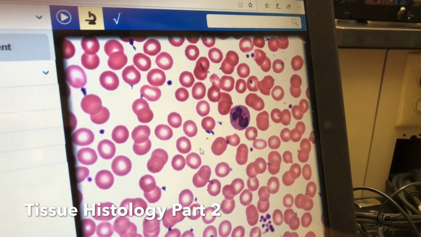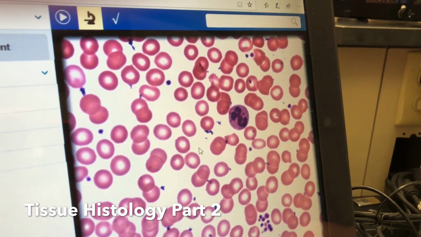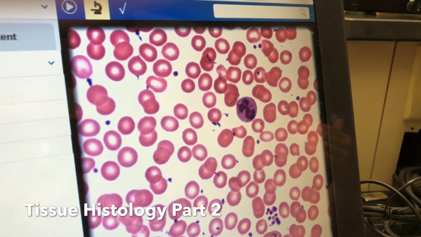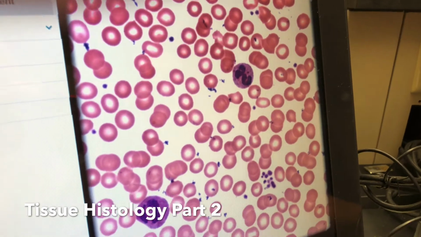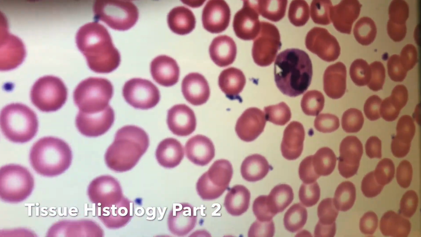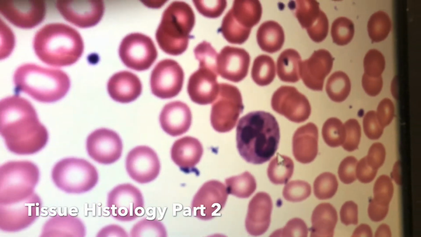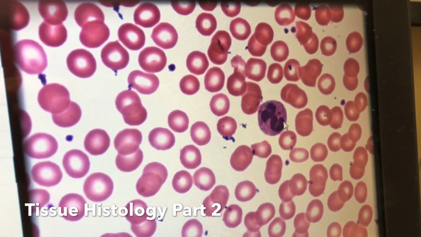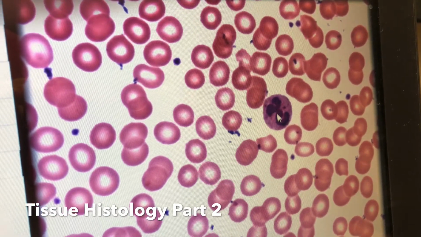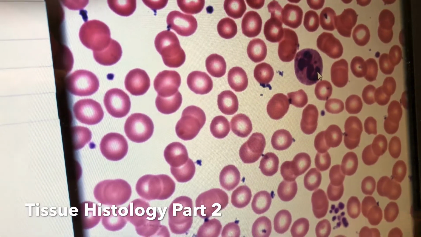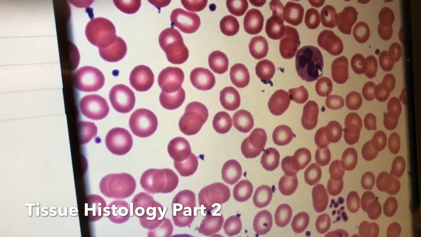The next type of cell we should see are leukocytes or our white blood cells. And here we have two of them. So here's one right here. And what we can see is a nicely stained purple nucleus. Yes, the nuclei are a little odd shaped in white blood cells, but we can still see them. They are multi-lobed. That's what gives them their funny looking appearance.